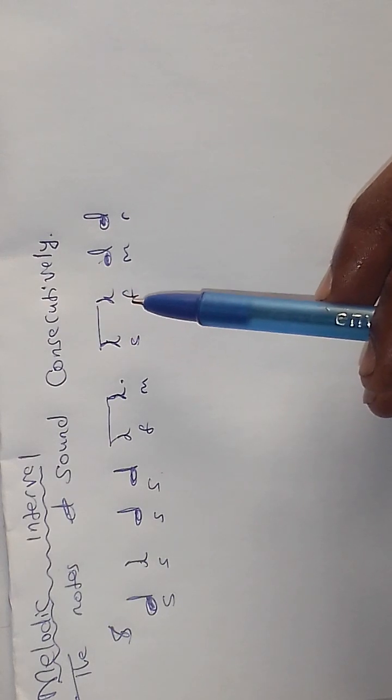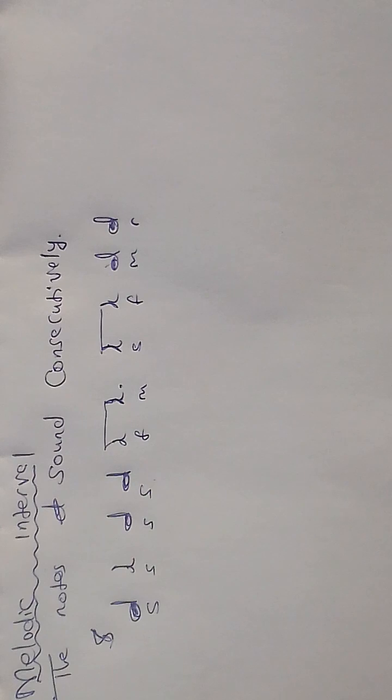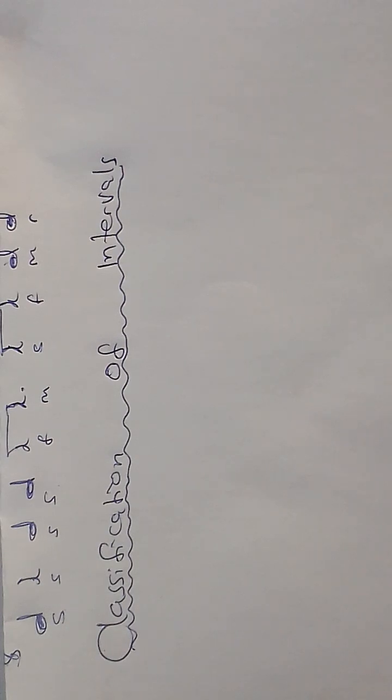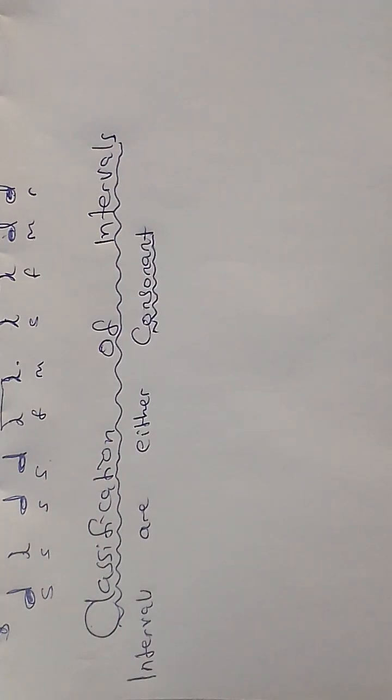Let's first of all see something to do about classification of intervals. How do we classify intervals? Of course, there are different kinds of intervals, and we now want to see the classifications of the intervals. Intervals are either consonant, and the word consonant simply means stable, or dissonant, and dissonant here means unstable.